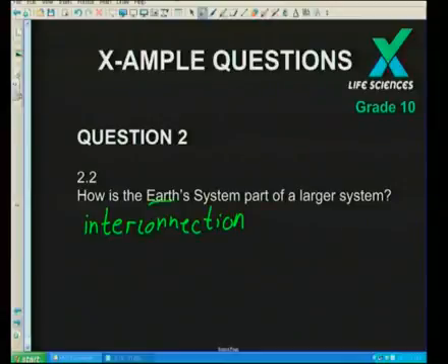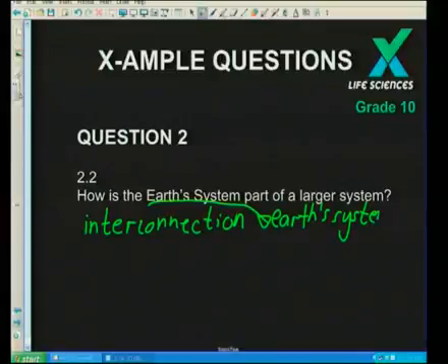All right, so we're going to bring that word into the Earth's system, because I want to know, how does it form part of the larger system? And that's how it forms part. There's an interconnection of the Earth system together with what?